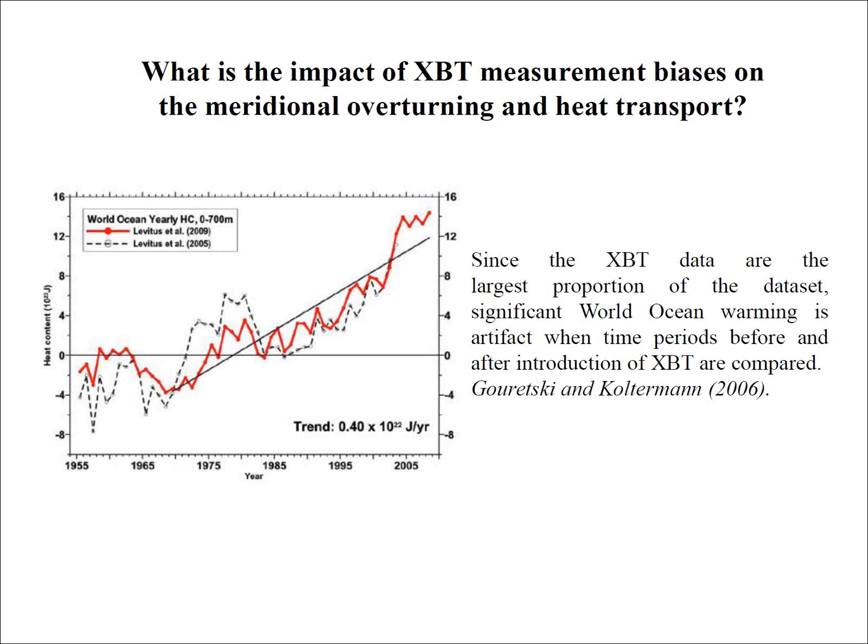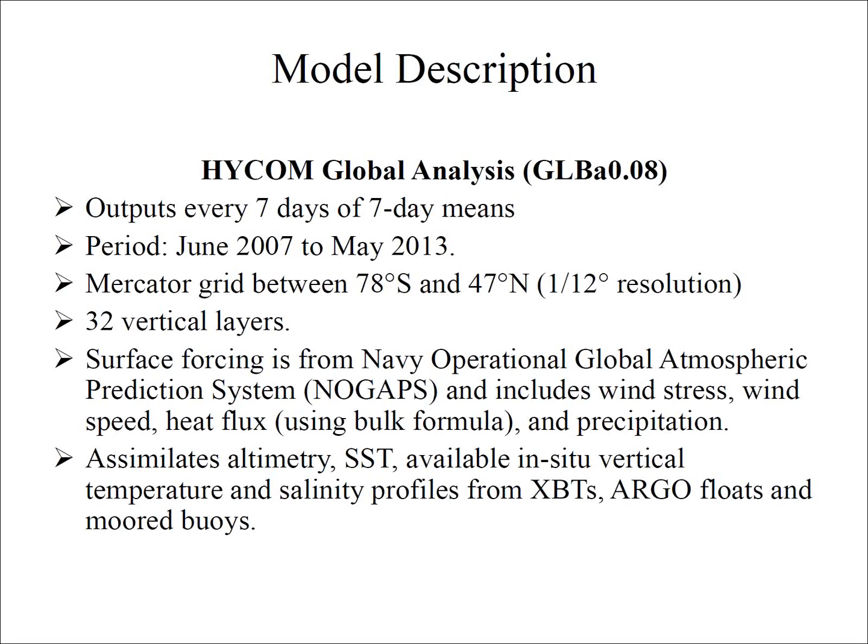So these biases were the cause of most of the decadal variability we used to see that the models couldn't capture, and we see that all was on the observational part, but on the meridional heat transport, no work has been done to estimate this aspect. So this is something we're going to address.